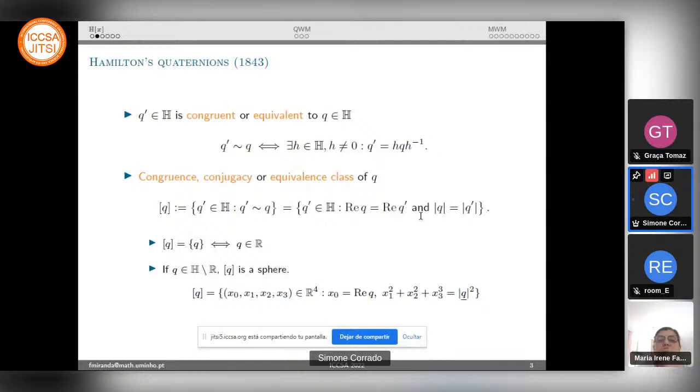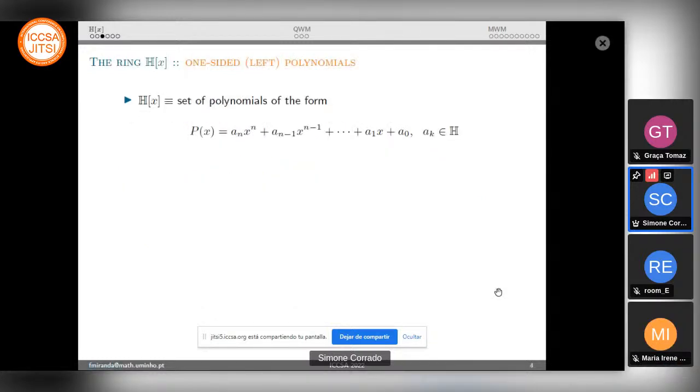But if q is a non-real quaternion, then the conjugacy class is a sphere, defined as we see here.